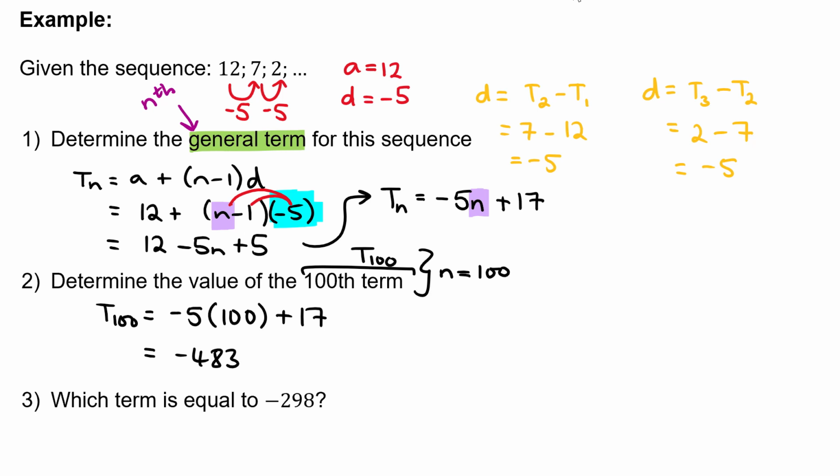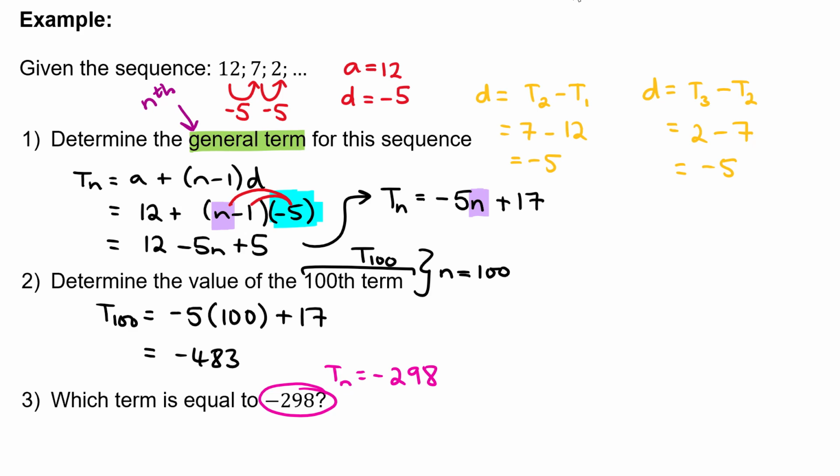Now, this is difficult for us because we need to understand, are we subbing in a value for n, or are we subbing in a value for Tn? You should be able to see that it's asking which term has a value of negative 298. So that means that the actual Tn is equal to negative 298.